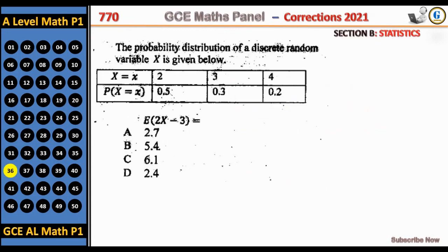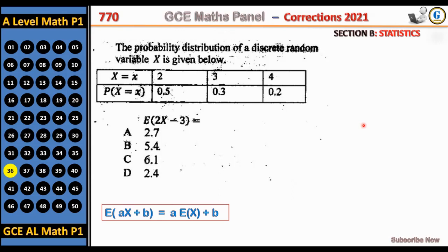Question number 36. Now statistics. The probability distribution of a discrete random variable x is given below. Find the expectation of 2x minus 3. In general, the expectation of ax plus b is equal to a times the expectation of x plus b.